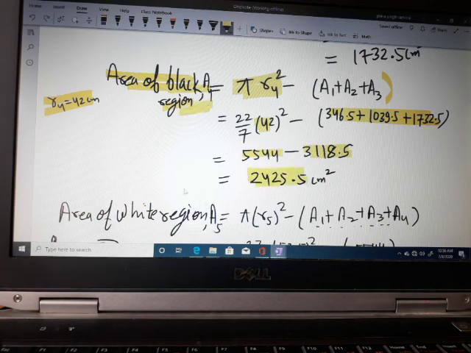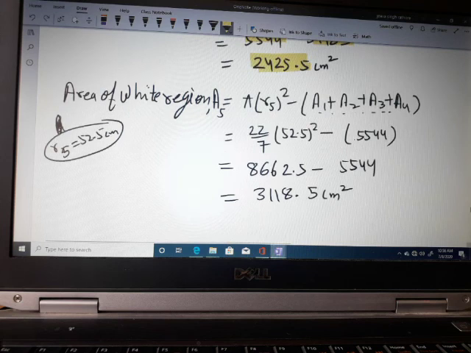To get the area of A5, it is pi R5 square, R5 is 52/5, minus the areas of A1, A2, A3 and A4. Solve this and you get the final answer, the area of the white region A5. This is your final answer. Next.